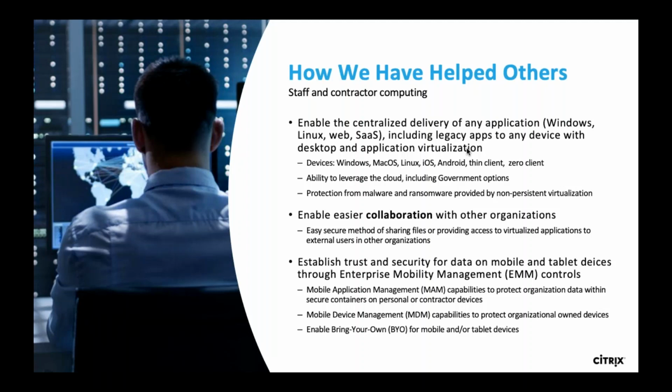And then from establishing trust and security for data on mobile devices, we talked about, I mentioned geofencing. That's a big one that we see in the corrections industry, where if a device leaves this geofence, maybe turn everything off or wipe it or factory reset it, whatever the case may be, we can add that geofence around whatever specific parameters you would put.